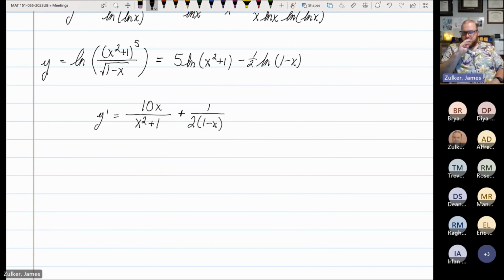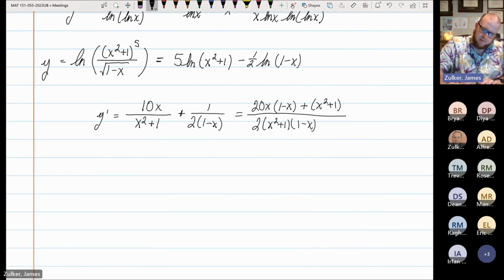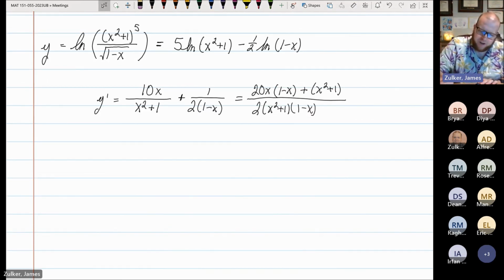And then if you wanted to, you could try and write it as a single fraction.